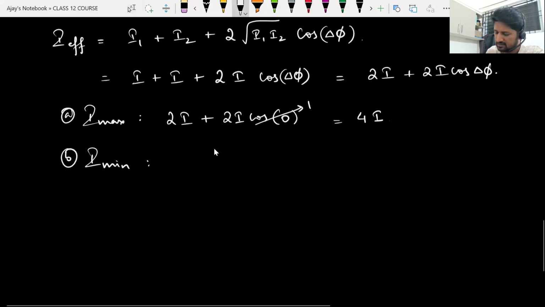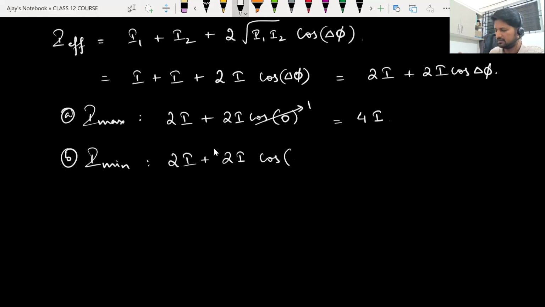So next is intensity at minima. So 2I plus 2I at minima. The phase difference is pi or any odd multiple of pi. Cos of any odd multiple of pi will be -1. Then how much is the effective intensity at minima? 2I plus 2I into -1.